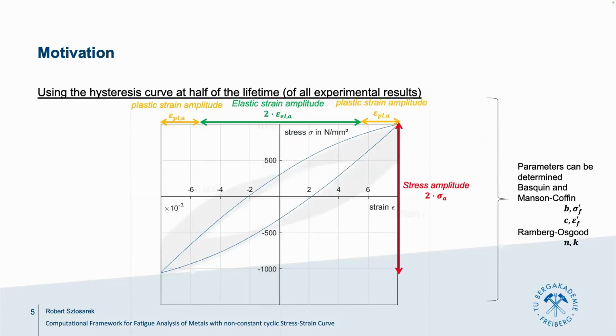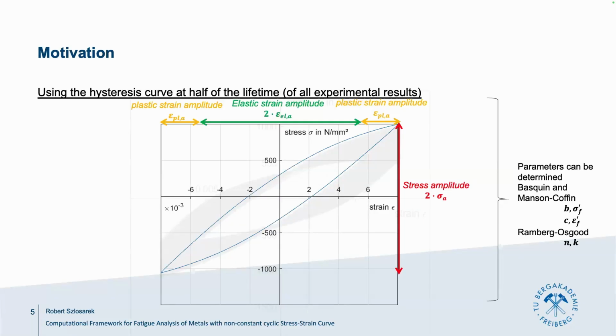That means you take the hysteresis loop at half of the lifetime, then you evaluate the elastic strain amplitude, plastic strain amplitude, and the stress amplitude. With this and some regressions over all your experiments, you can determine the material parameters you need for the lifetime calculations.